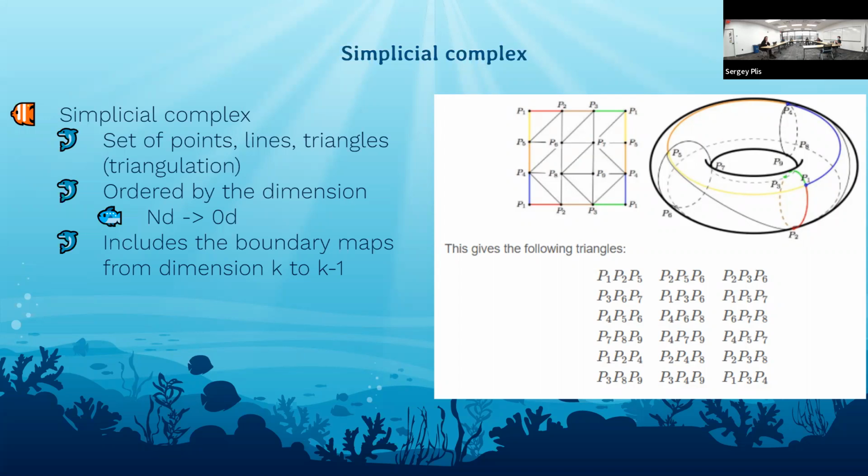The one-dimensional simplices are the lines, the edges. You can see them colored in yellow, red, brown, orange, blue, green, and black. There's a total of 27 line segments.